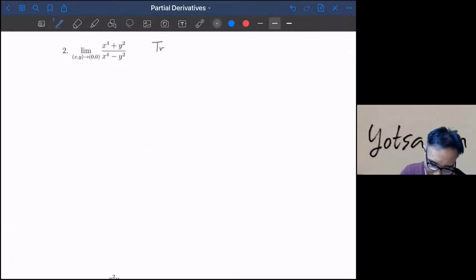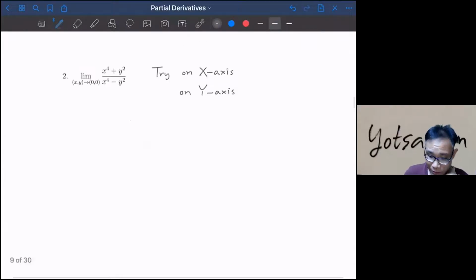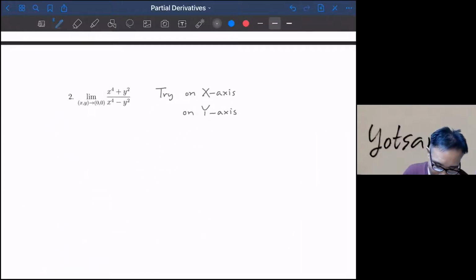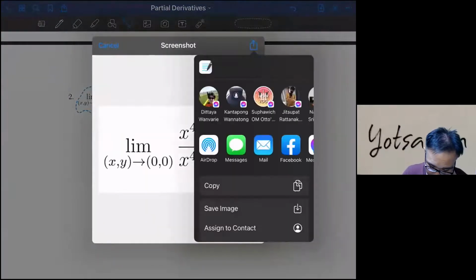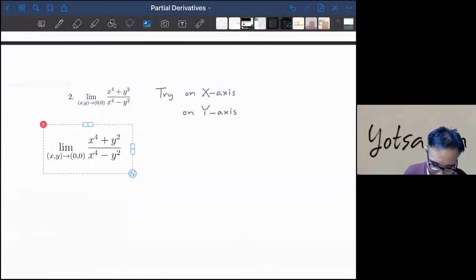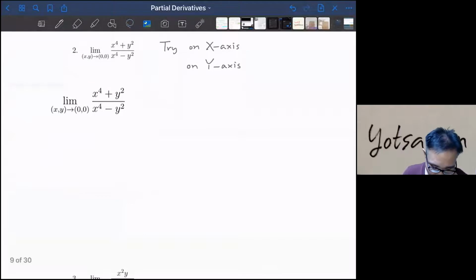These are directions that are quite easy. Let me try them out. I'm gonna copy this one. Okay, so we have this limit.